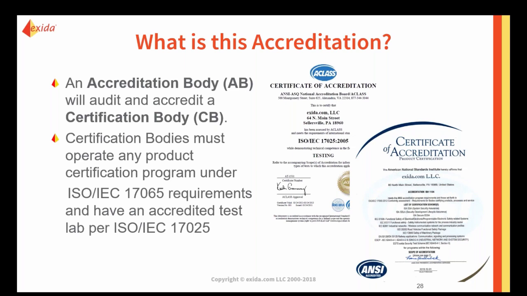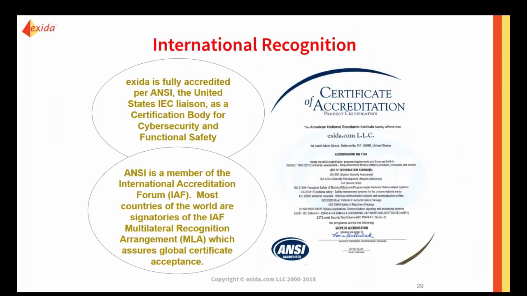It follows a set quality management procedure, and there are processes in place to make sure that certifications are done consistently and correctly. The certification bodies must operate the certification program under ISO or IEC 17065. exida is an accredited certification body for functional safety and cybersecurity per ANSI.